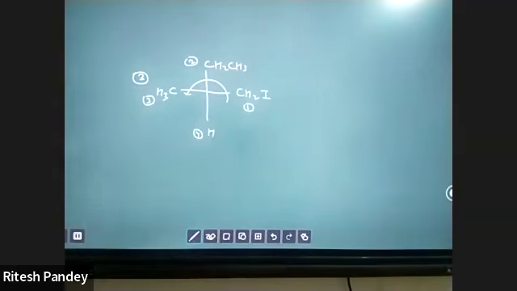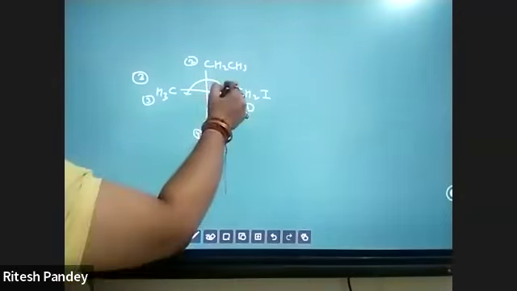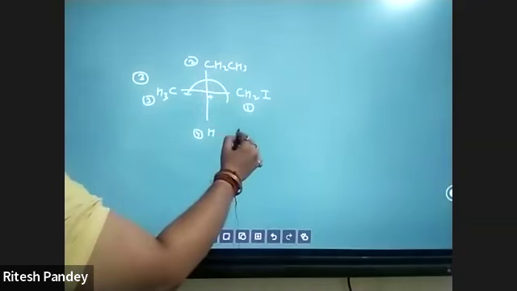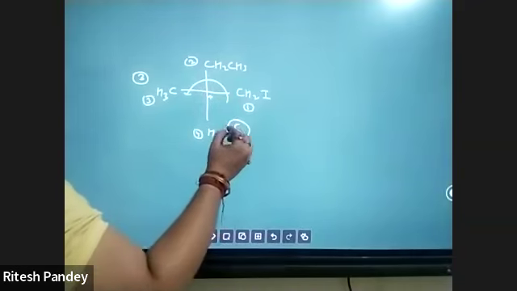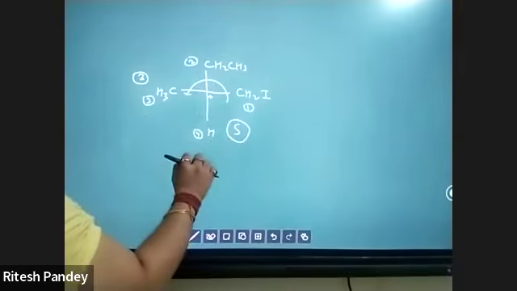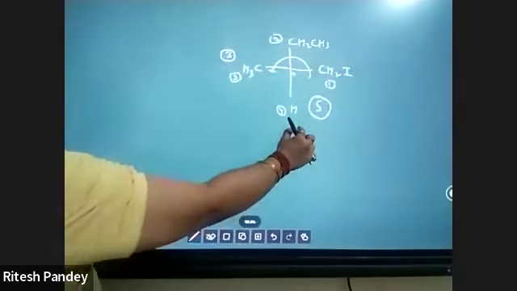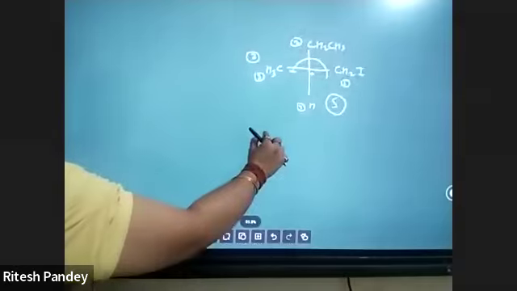Please go ahead. The configuration has to be S. Anti-clockwise, it has to be S. Now, let me tell you another rule of playing around with the Fischer projection.